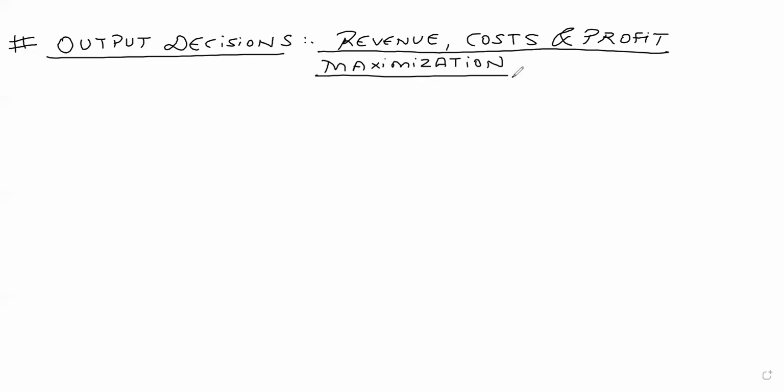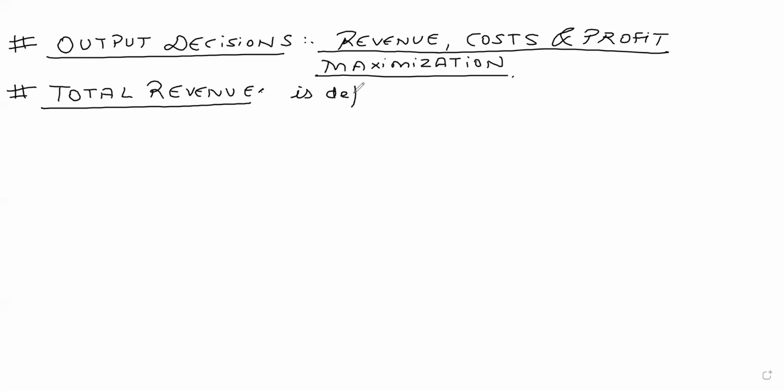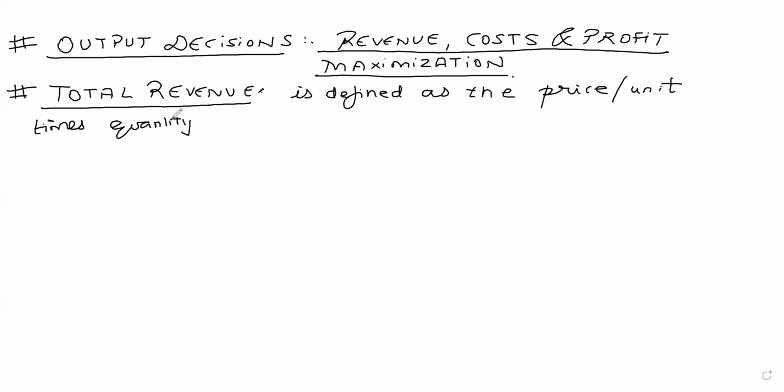Okay, so first of all, when I talk about total revenue, total revenue is defined as the price per unit times the quantity of output that the firm decides to produce.